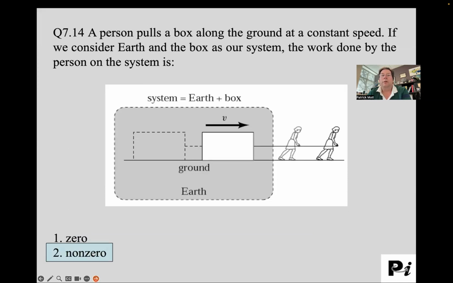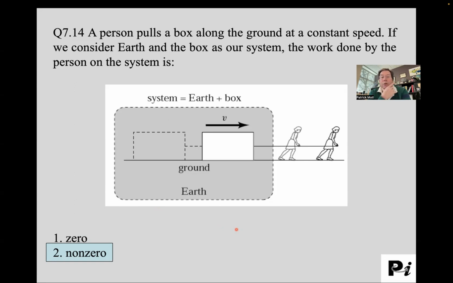All right, the work done by the person on the system is non-zero. This is an important point, which is actually why I go through these three questions. The displacement of the box is in the direction that the person is pulling, so the person is doing work on the box.